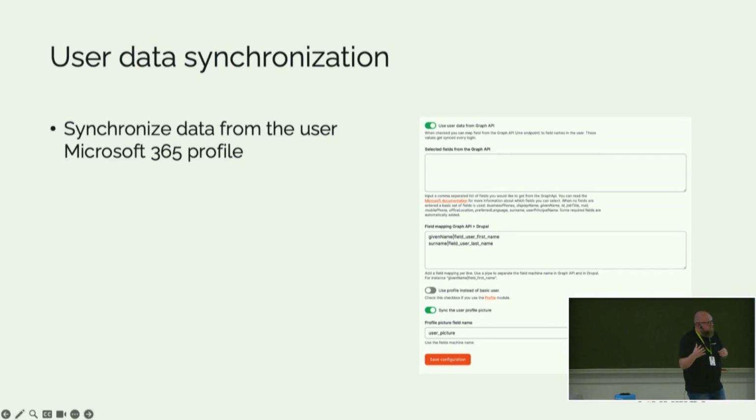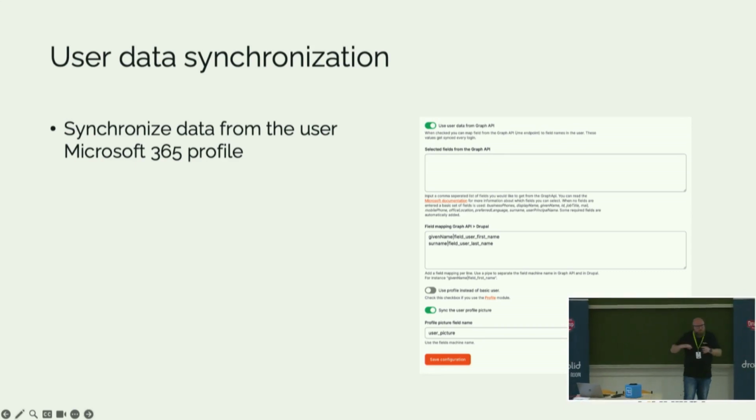So we can automatically assign you to certain groups if you're using the groups module. We can fill in, in this example, your first and your last name that we get from the Active Directory. We can sync your user picture, and that's synced every time you log into Drupal.